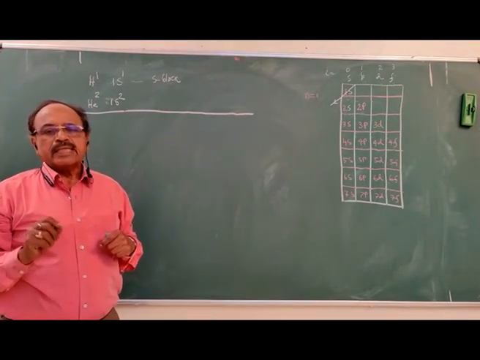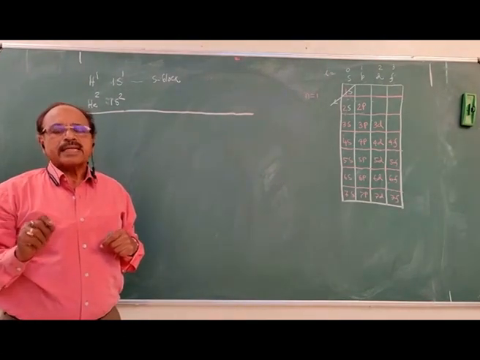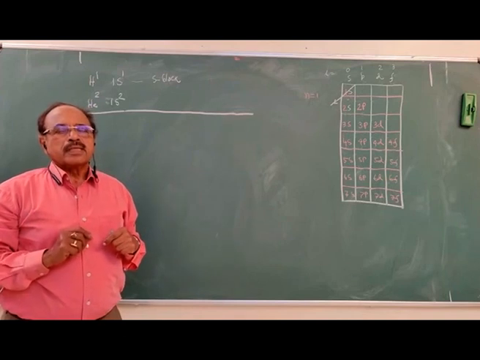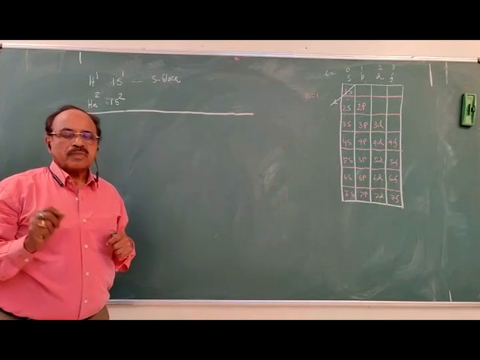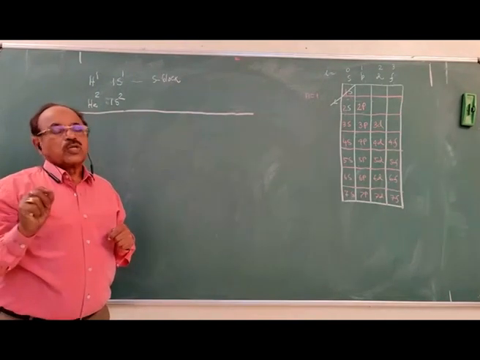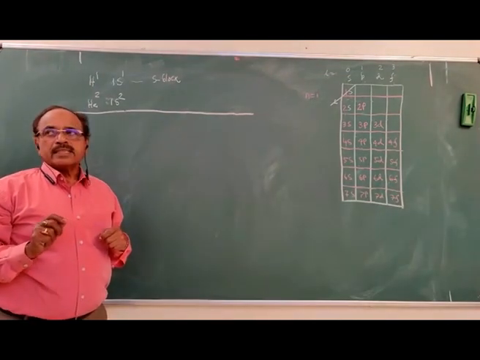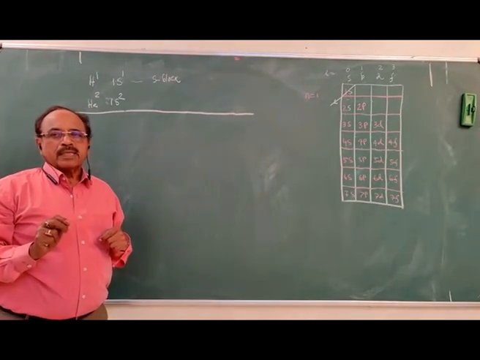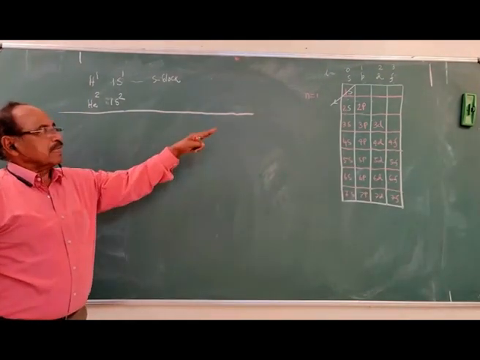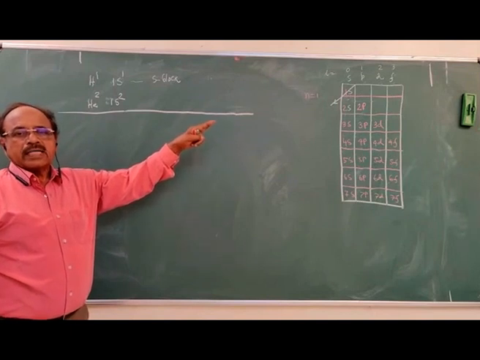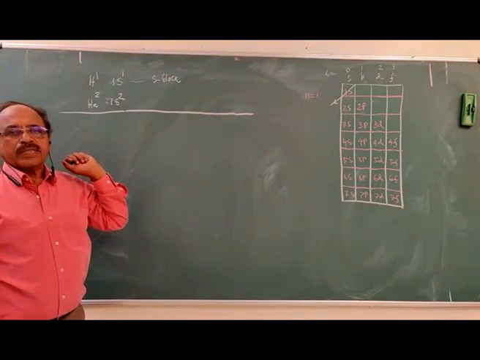Since helium, neon, argon, krypton, xenon, radon do not take part in chemical combination, their valency is considered as 0, so they are placed in the 0 group of the periodic table.